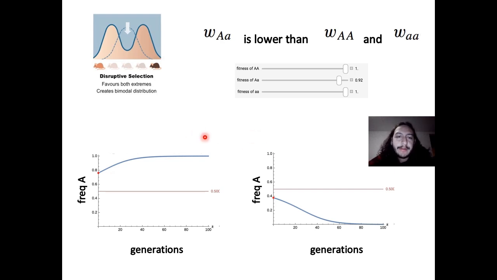So here we have a different example. Here we have disruptive selection, and we see that the fitness of the heterozygote is lower than both the homozygote genotypes.